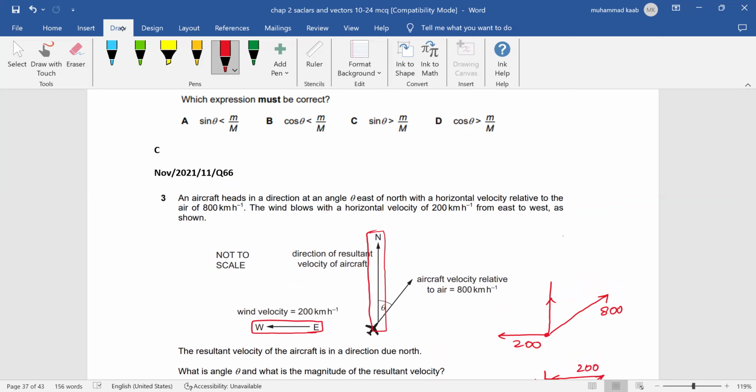So the wind is in this direction, and the resultant is in this direction. And these two should be perpendicular to each other, because this is northward and this is westward, okay? Now if you just make it bigger, then this looks like this, and that's it. Clear?